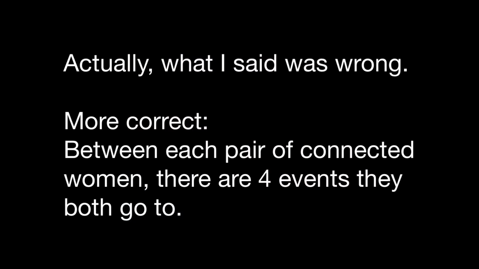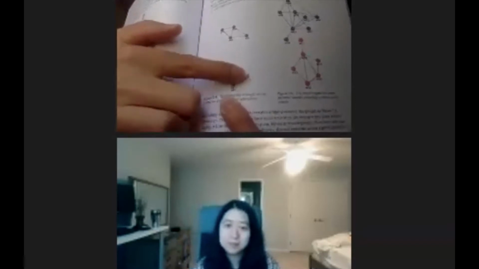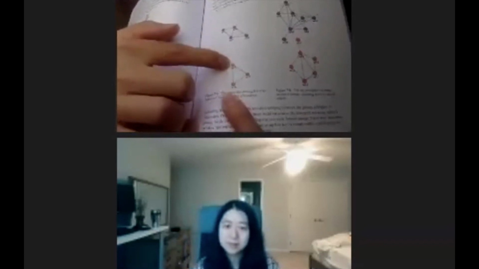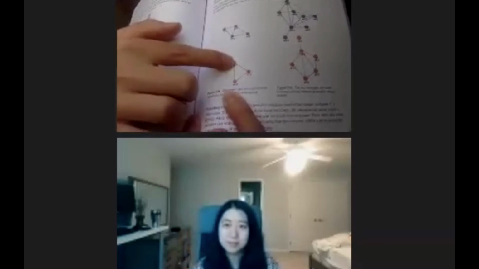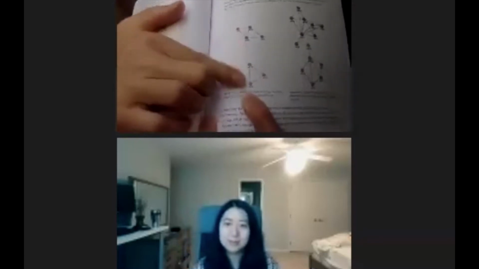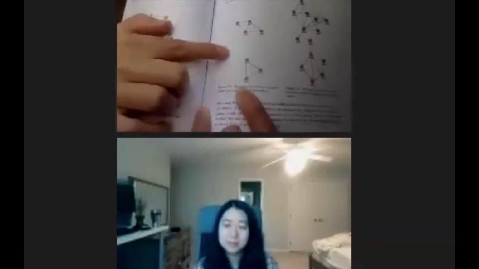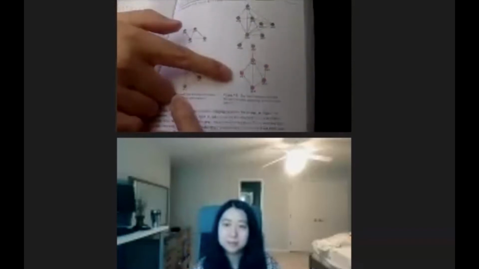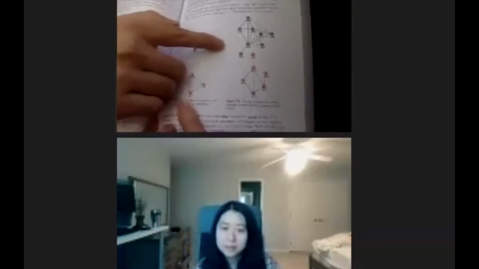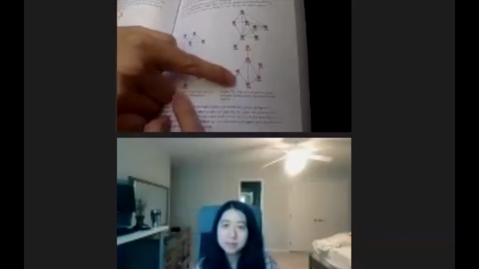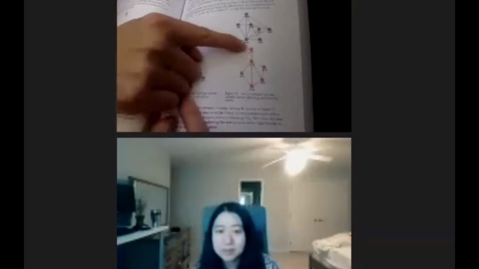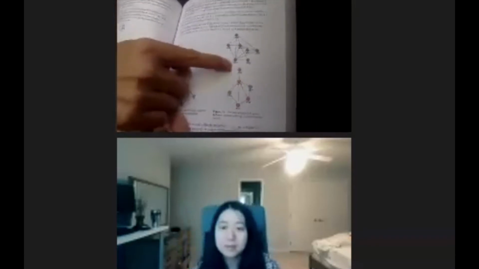They are very strongly connected together based on what events they go to. So this one over here is the strength 4 graph. And then if we reduce it down and allow less strength, like strength 3, you'll get more women showing up in the graph like this.